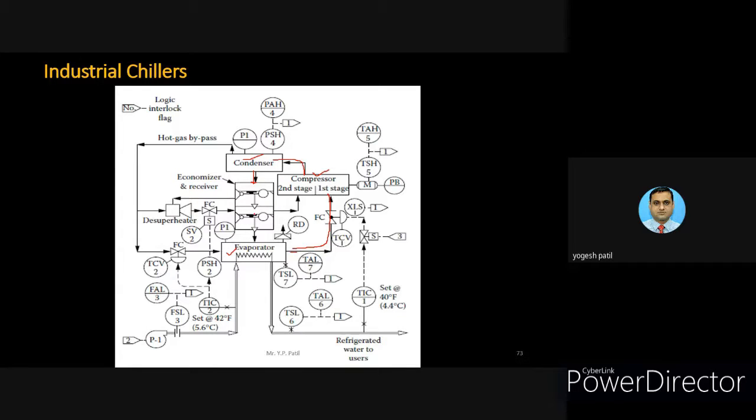So the expansion valve is in the economizer and receiver unit, and then it enters the evaporator again. In the evaporator there is an incoming line from the building or industrial building, and there is an exit line of the coolant also.